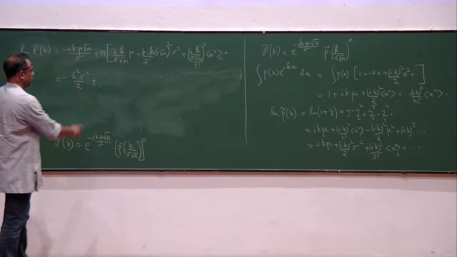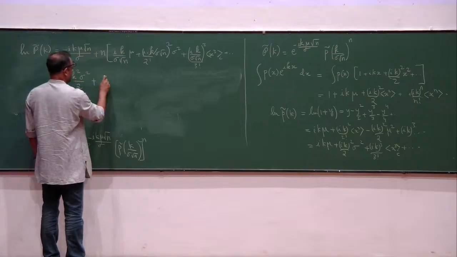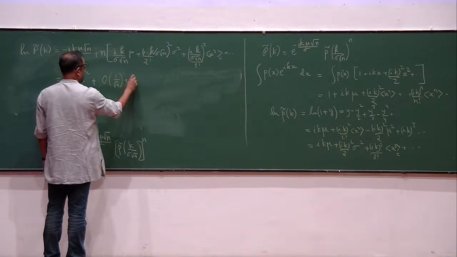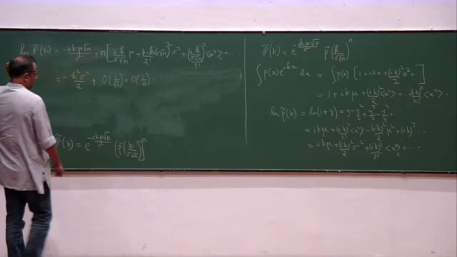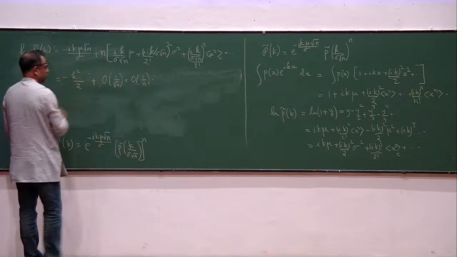Plus, the next term has 1 by n to the power 3 by 2, so it is order 1 by root n. The next one is order 1 by n, and so on. K square by sigma square into sigma square, sorry.